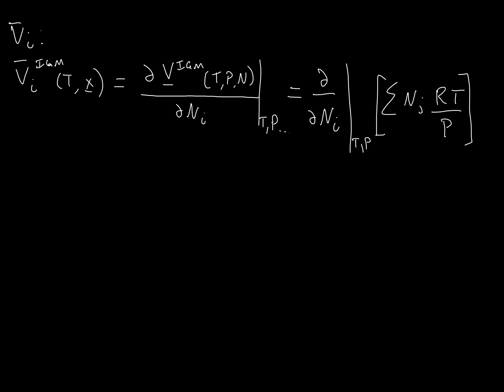Same exact process. Everything goes to 0 except for when I is equal to J. So V over bar of I is just equal to RT over P, which is equal to V over N of I, which is V under bar of I.